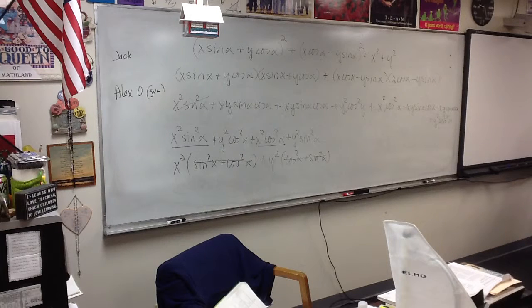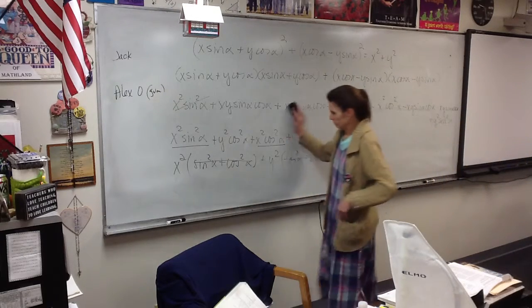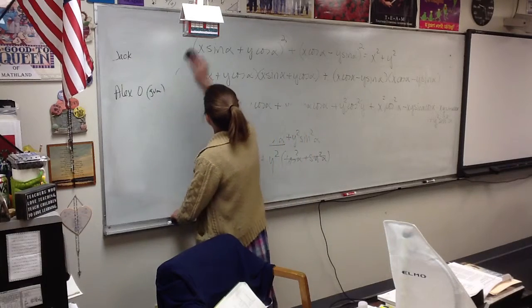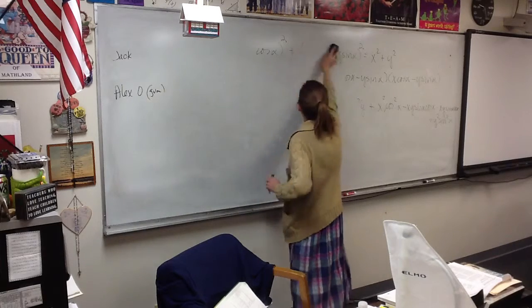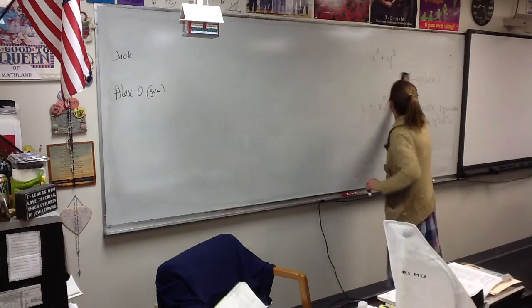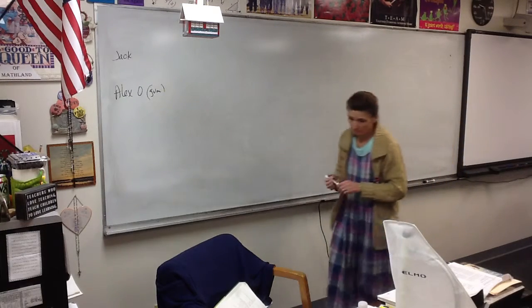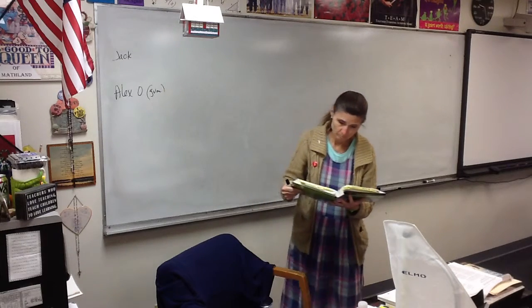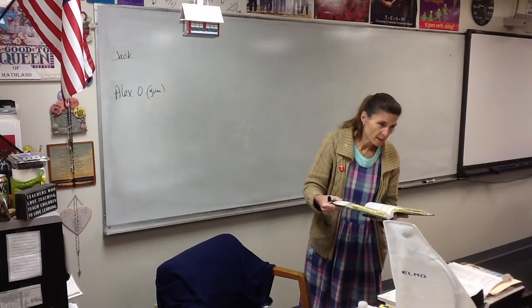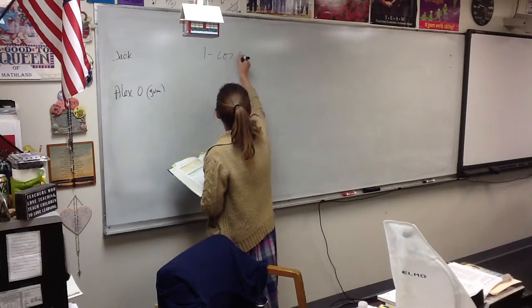Secant is 1 over cosine, so that's how we're going to do this problem. Just change these. You're going to have 1 over cosine. Cosine is 1 over secant.